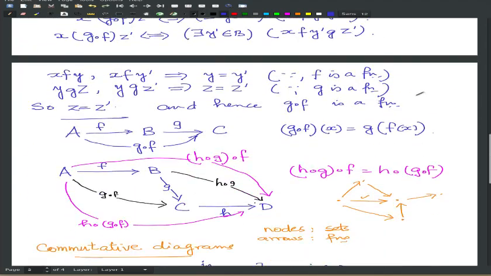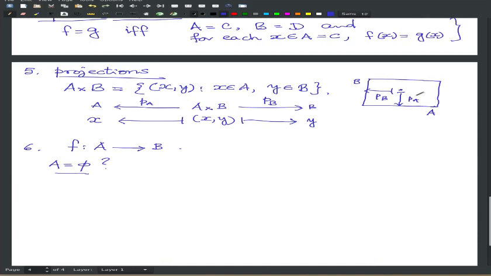So now let's come to this again. So, A is empty. So the first thing, F is a subset of empty cross B. And we have already seen that this is the empty set. Clear? Yes, Doc.